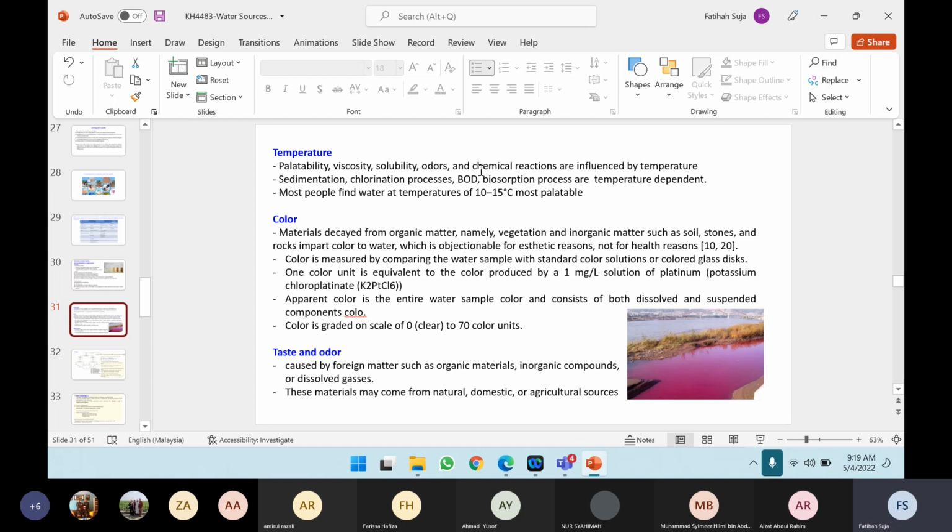Okay, sometimes like the ammonia, if it is in the water body at ambient temperature, then you will get free ammonia. But if it is at high temperature, we will get ammonium ion.